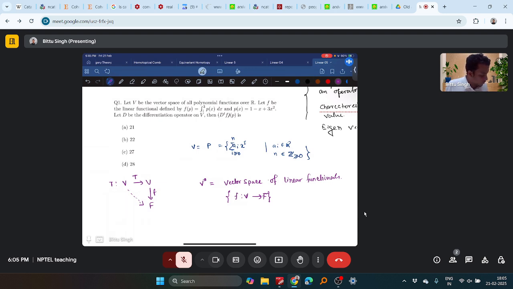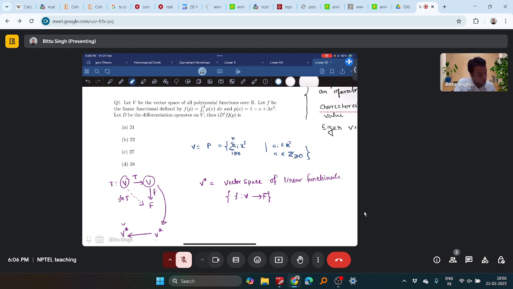It is simply f compose T. So for any such linear operator, we can define a linear operator between the duals. Corresponding to the codomain we get a V star, and corresponding to the domain we get a V star, and we can define a linear map from this to this.